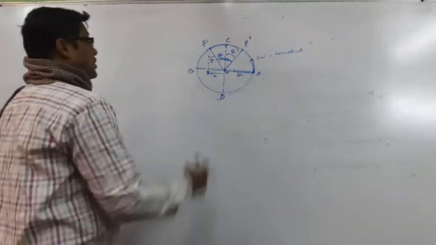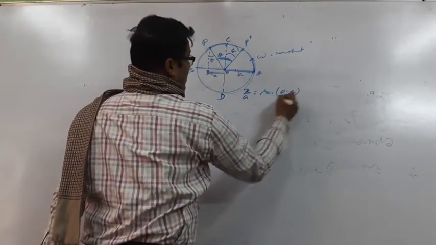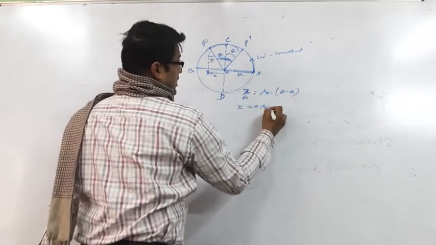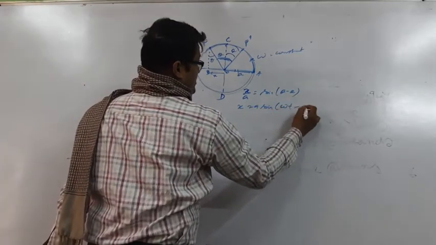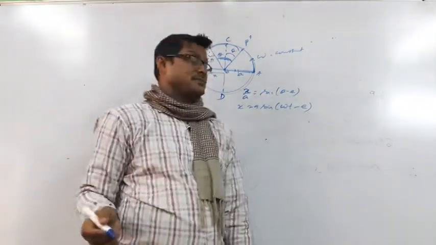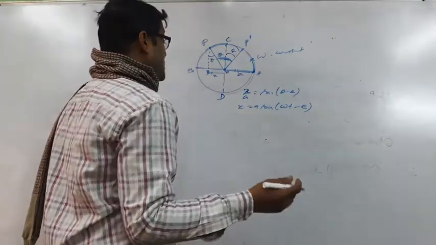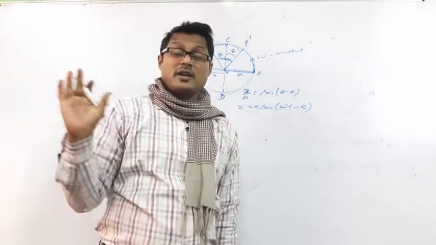Okay, so here we get x by a equals sine (theta minus e), that is x equals a sin(omega t minus e). This is the expression for displacement. So we have three displacement equations.